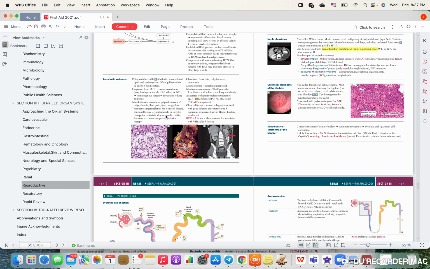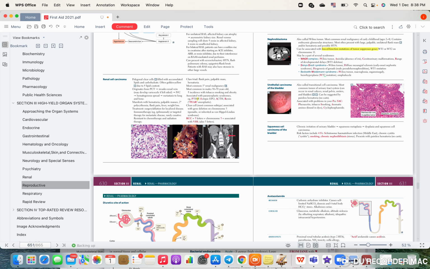Can you tell me what are the paraneoplastic syndromes of renal cell carcinoma? Okay, so yeah, the parathyroid hormone related peptide, the EPO, the renin, and the ACTH.